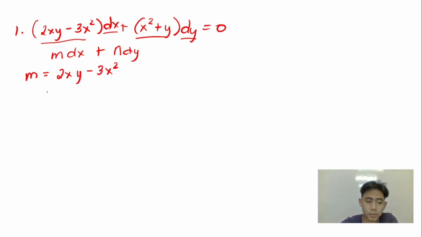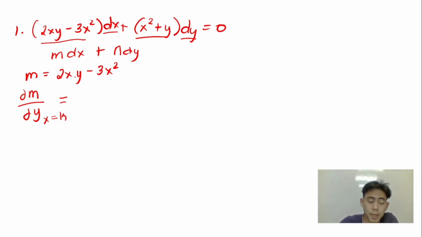Okay? Tapos, after nyan, you need to find the partial derivative of M with respect to y, that x is equal to constant. So, dapat yung x daw natin constant. Okay? So, paano tayo magdi-differentiate ng constant? Syempre, 0 ang constant, di ba?